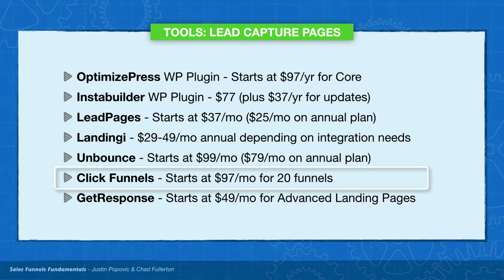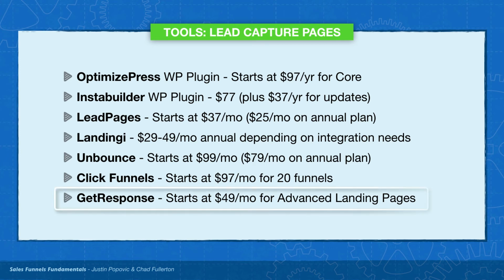If you're just starting out, you'd probably want to start out with one of the more simple landing page builders like Lead Pages. If you already have WordPress, maybe check out these plugins. Some of your email systems also include landing pages as a feature. For example, GetResponse is an email service, and that we'll get into in the next slide.